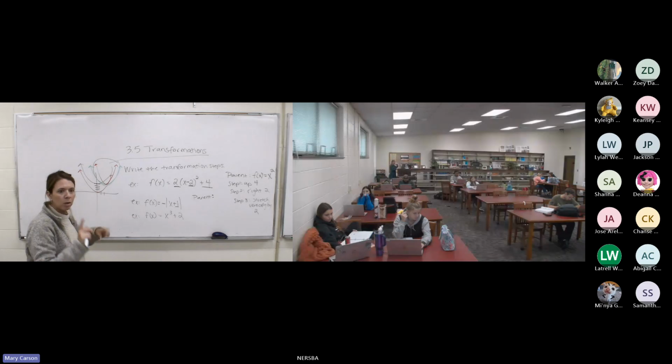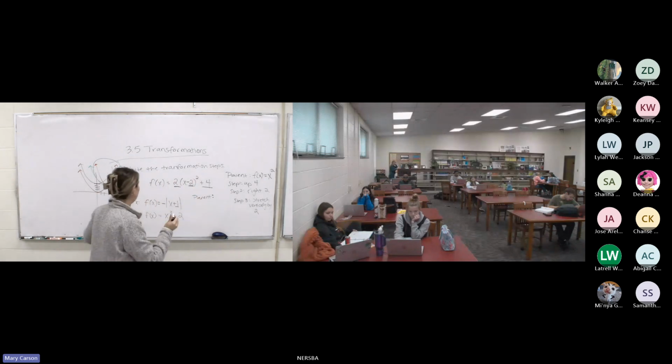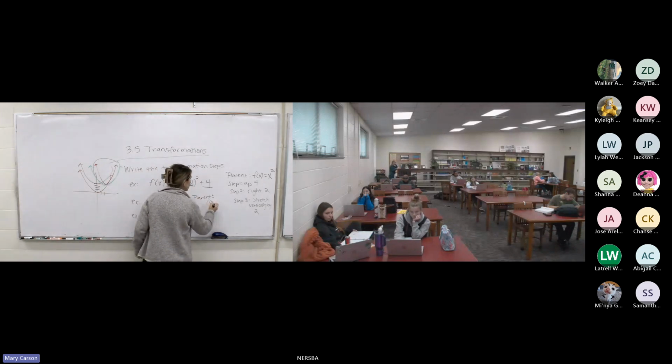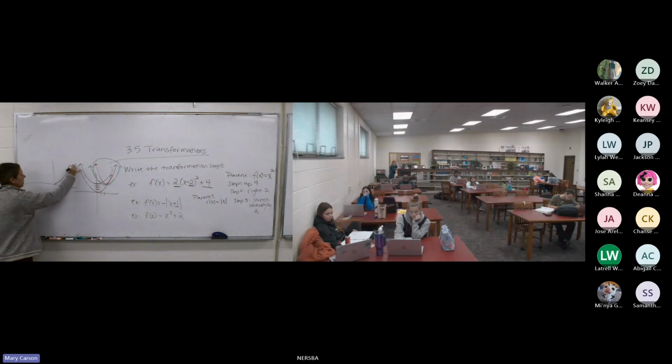What are these in math that have 2 bars? Absolute value, thank you. So f of x equals absolute value of x. That's our parent function. Now remember, that looks like a straight V.